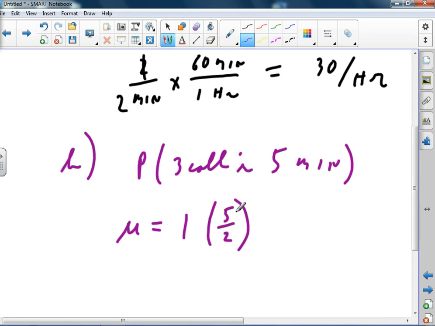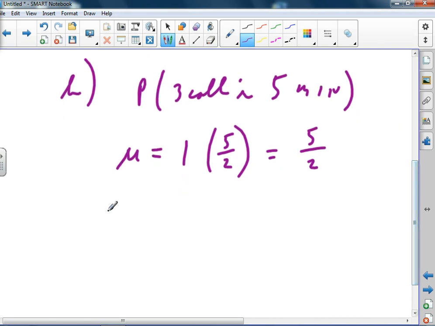In 5 minutes, my expected rate, mu, would be 5 minutes divided by 2 times 1. So 5 halves of a call is my expected value. Okay, that's not what we're looking for. We're looking for the probability of 3.